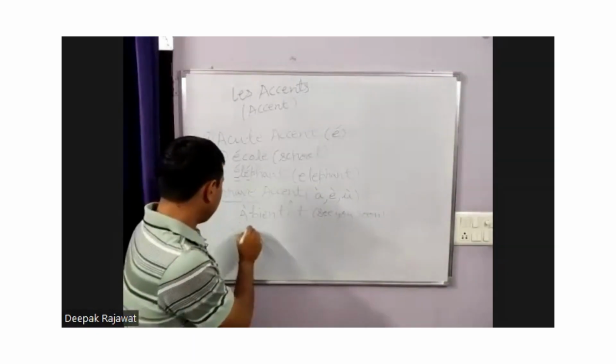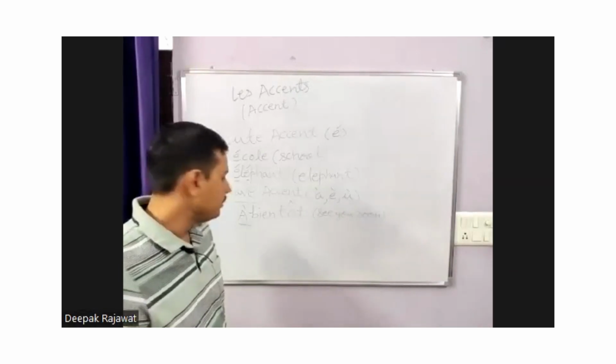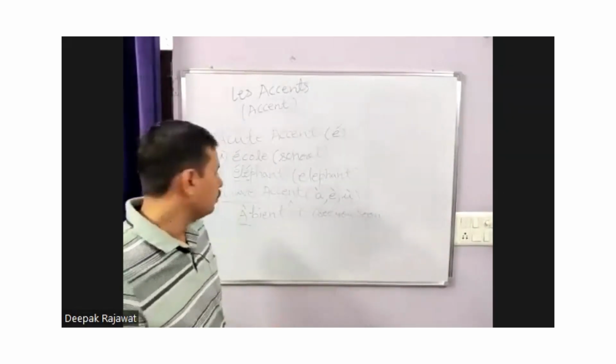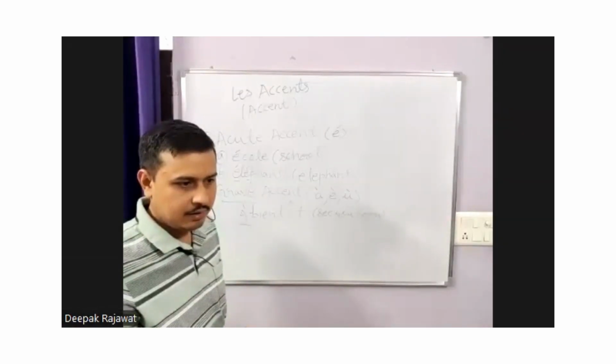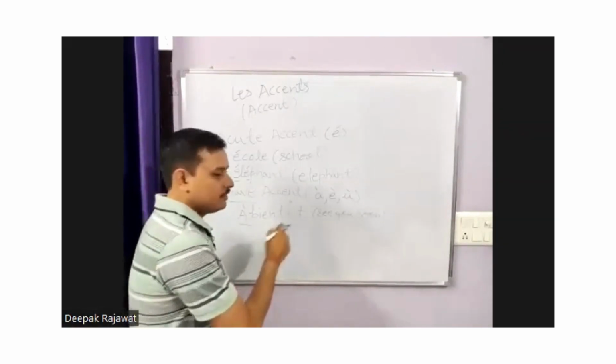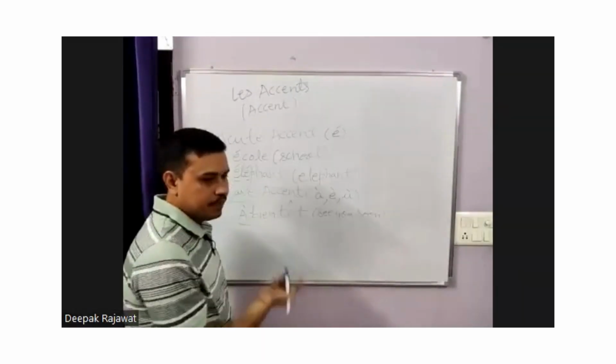So you see, the A we have done in the alphabet, A is A, and here we are saying à bientôt. So there is no change in the word due to this accent. There is no change in the sound of the letter.